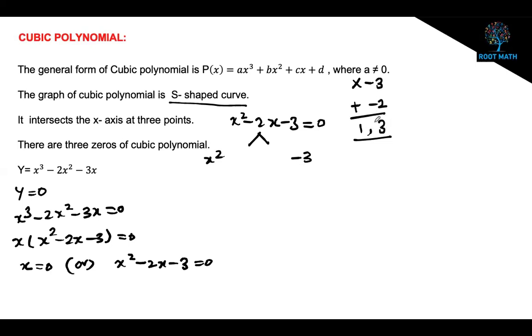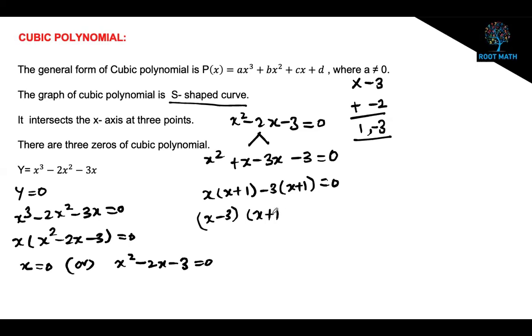And since the sum is negative, the bigger number is negative here. So plus x, minus 3x, and minus 3, which is equal to 0. Take the x commonly outside, so x plus 1, and negative 3 outside, so x plus 1 equal to 0. x minus 3 and x plus 1.